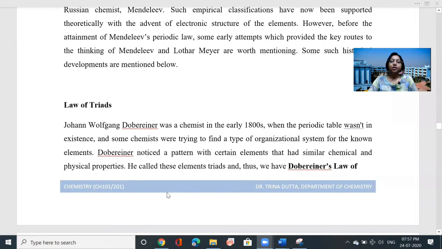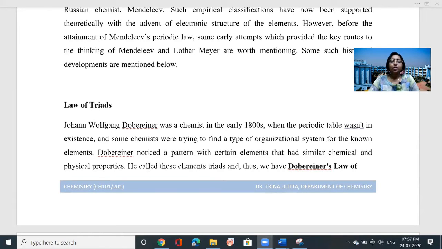Here it is the law of triads. Johann Wolfgang Dobereiner was a chemist in the early 18th century, when the periodic table was not in existence, and some chemists were trying to find a type of organizational system for the known elements.